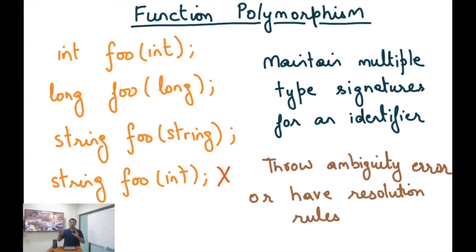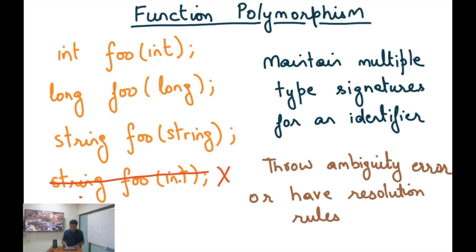I can only look at the arguments to decide which foo to use. And so this kind of polymorphism is incorrect. So I'm not going to consider this because languages typically won't support it, because here it's the same set of arguments but a different return value. So that's not legal. But this type of polymorphism is possible to support, and it's easy to support actually.